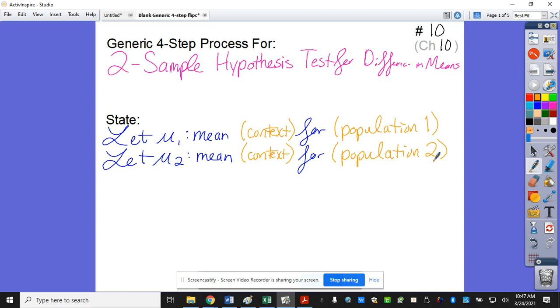Okay, so side note, just something I was thinking about from yesterday. We can do any subscript when we're trying to define our parameters, right? It can be letters, it can be numbers, it can be a word, I don't care. Can you think of a bad subscript for a P? There's one letter that I would not recommend for P. I would not use O because P not means something.